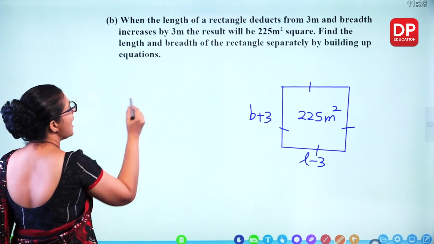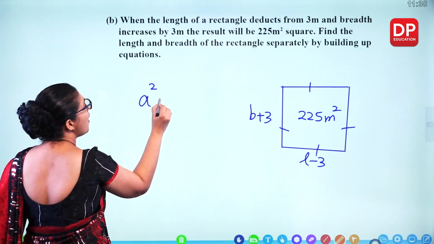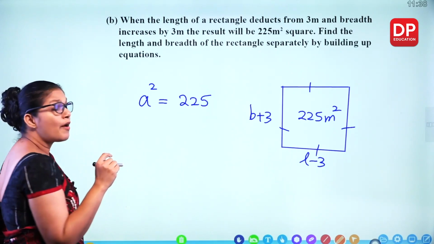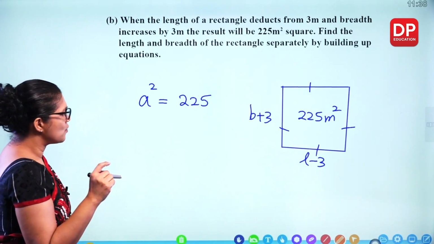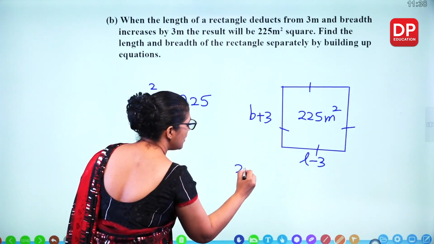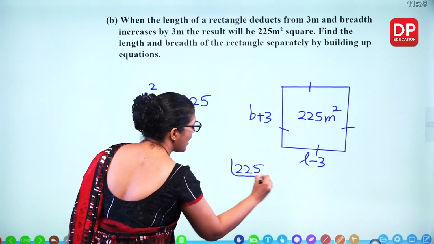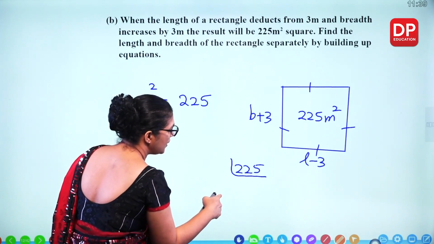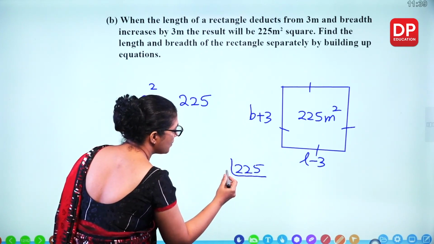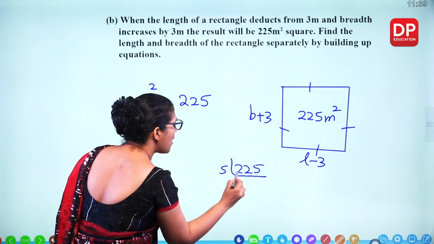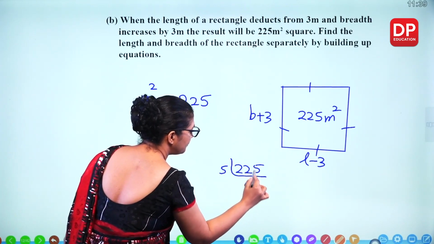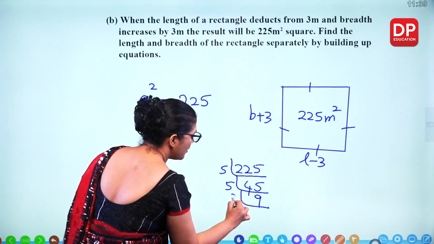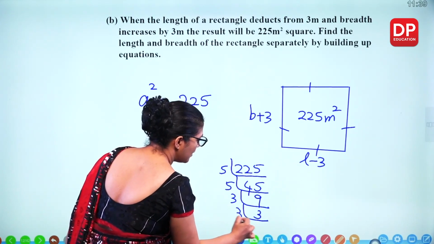If length is A, A squared is 225. What's the square root of 225? So how do you find the square root? If you can't remember, you can just divide and see what the factors are and then decide the square root. I can divide by 5, 5 again, 3 and 3.